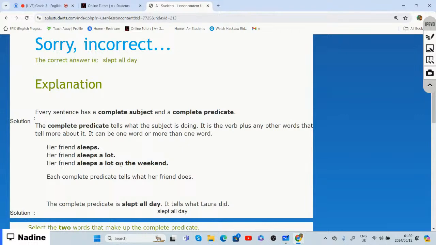It can also, once again, be one word or more than one word. The predicate is basically the verb, the action, and all the other words that tell us about the action.